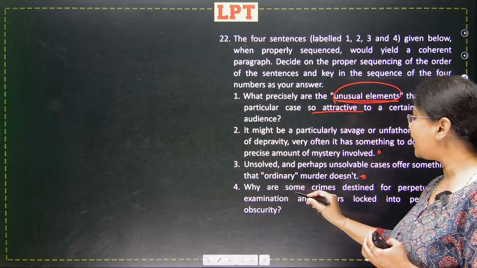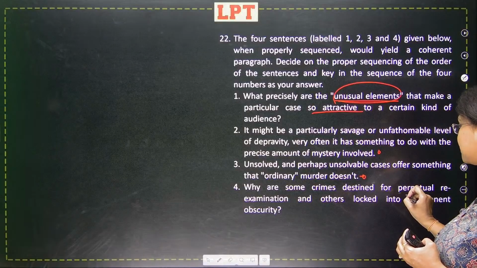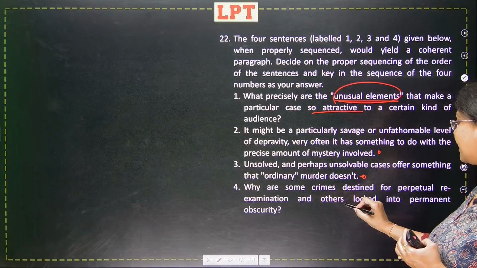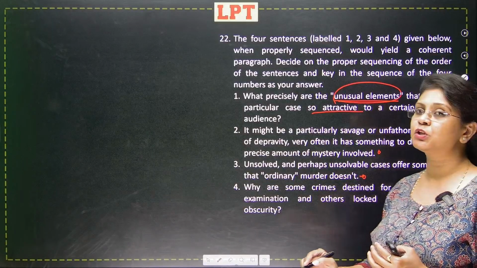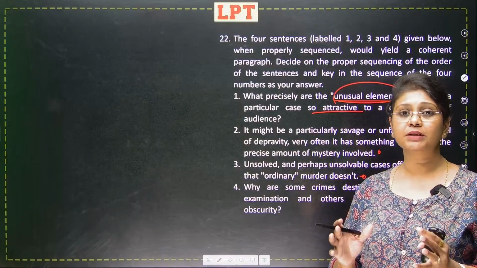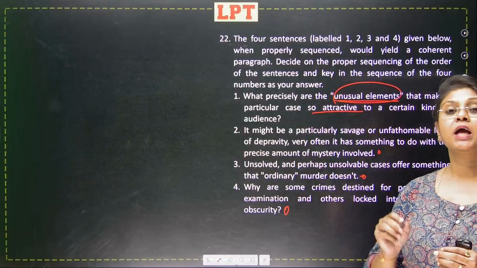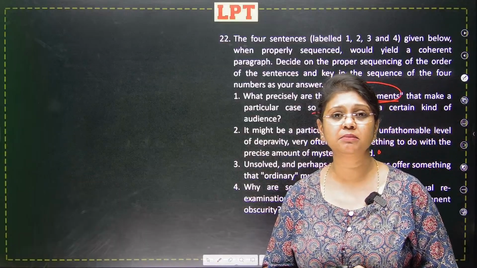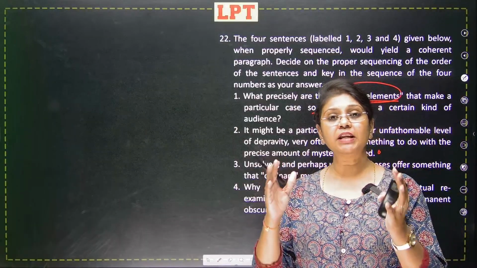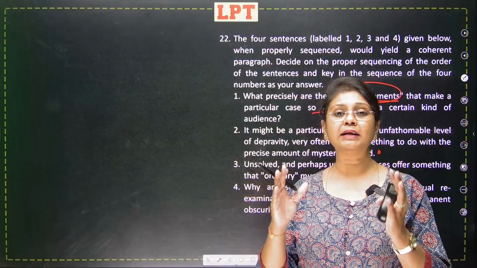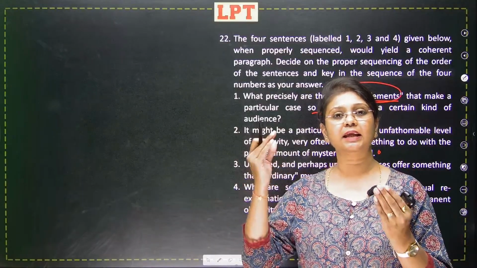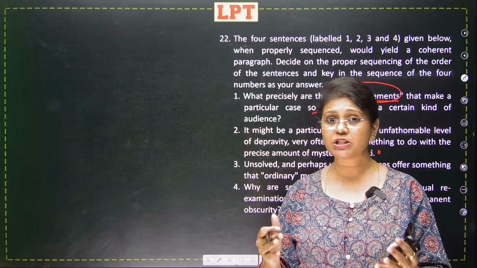Then it says, why are some crimes destined for perpetual re-examination and others locked into permanent obscurity? So if you would have noticed by now, there are 2 sentences starting with a question. And if you remember your parajumble basics, I told you that when you are making a mandatory pair, you remember that you look for a question and an answer to it.